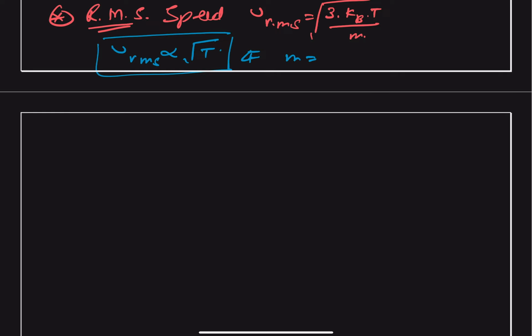M is the mass of one molecule of oxygen.